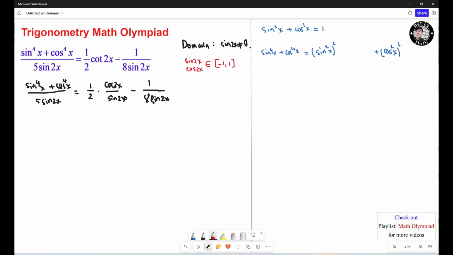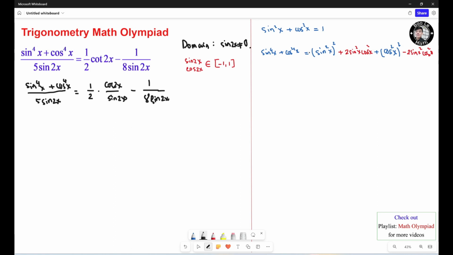Now we need to add and subtract the same amount to get a complete square. So we add 2 sin^2 x cos^2 x, and then subtract 2 sin^2 x cos^2 x.